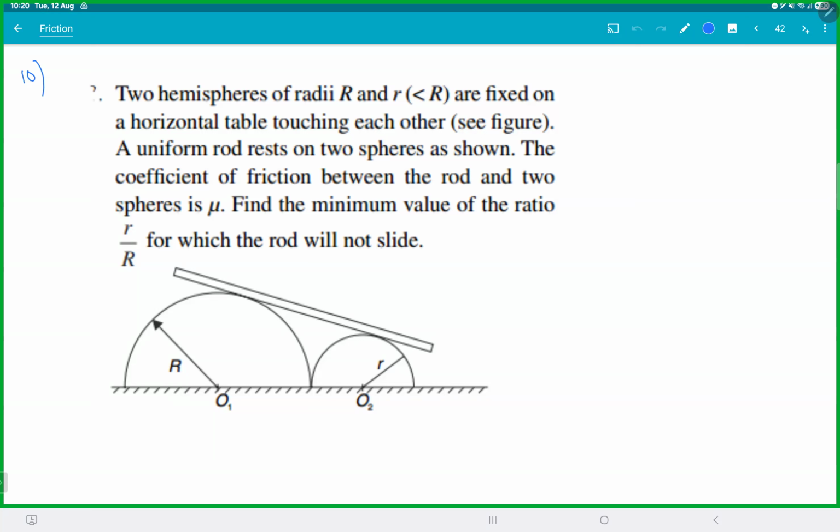So if you draw the FBD, how many forces are there? There'll be 2 normal reactions, 2 frictions, 1 mg. Totally 5 forces.